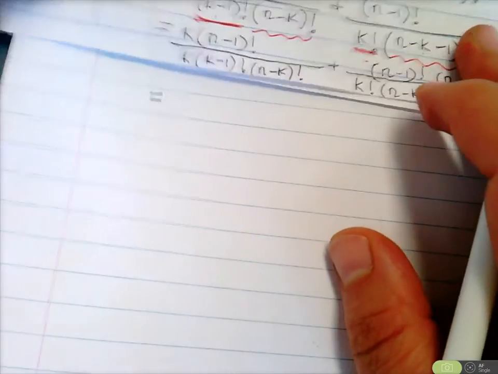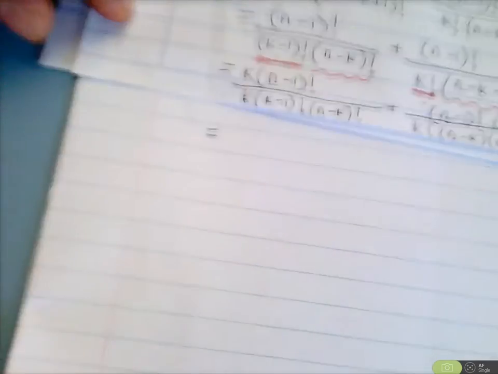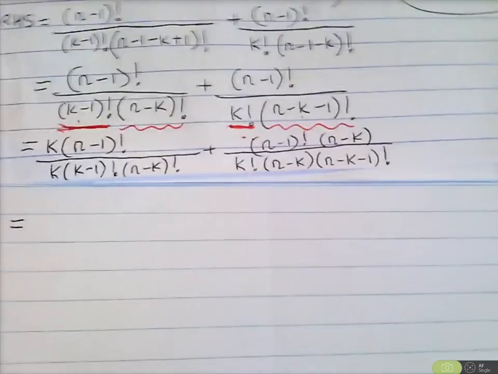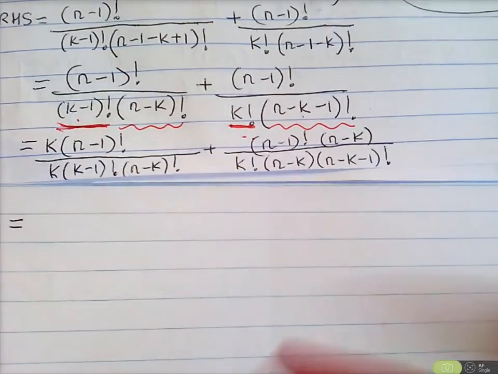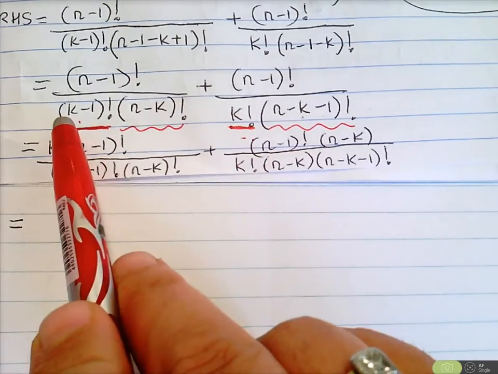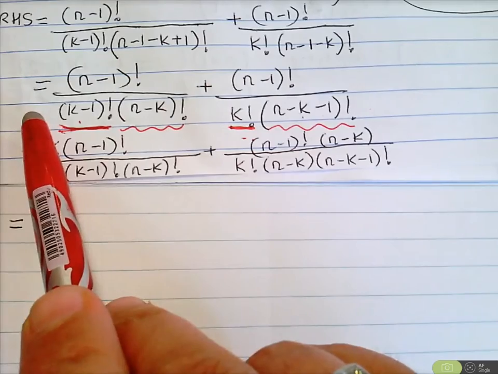Equals. Now, this is more like what we want to be doing. So, see, you've got to decide what your lowest common denominator is going to be. And I've underlined the two types of pairs. With the k and the k factorial, k minus 1 factorial, this one just needs an extra k, k over k.